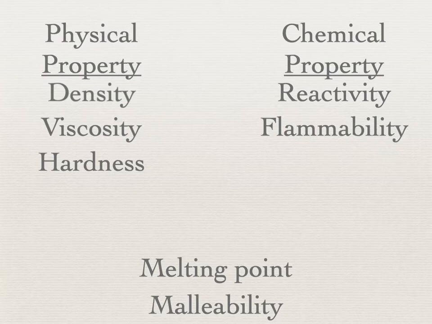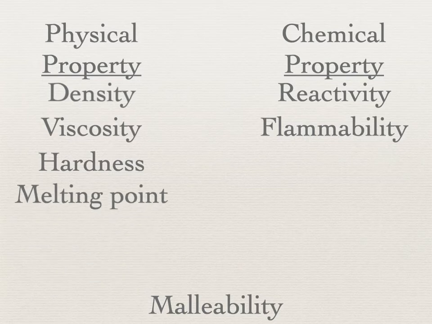But that liquid water is still going to have the chemical formula H2O, so melting point is going to be a physical property. It is a property that helps you identify what chemical you have, because most substances have different melting points, and those melting points for pure substances can be used as identifiers. But the actual property doesn't change the chemical formula.